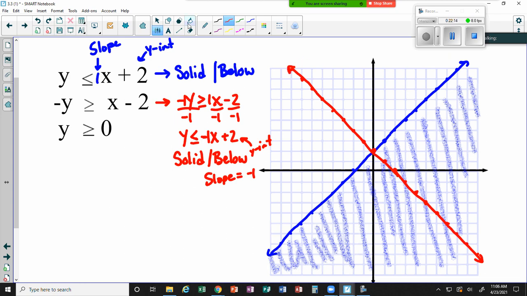Okay. Now I'm going to get my crayon so I can shade it lightly, and I'm going to shade everything below the line because it's y is less than. So where are all the y values that are less than this line? It's below. So I'm going to put pencil, crayon, whatever on that, and shade below.